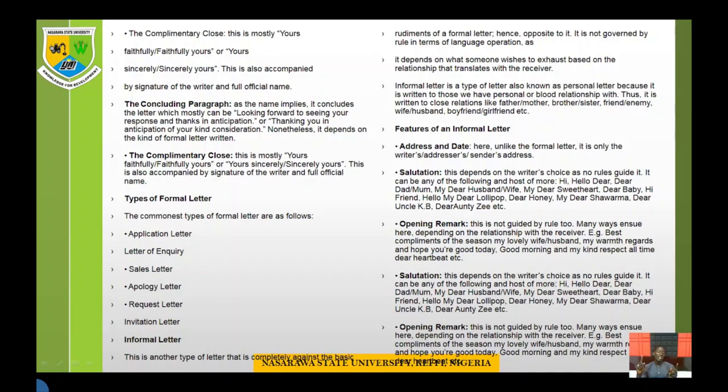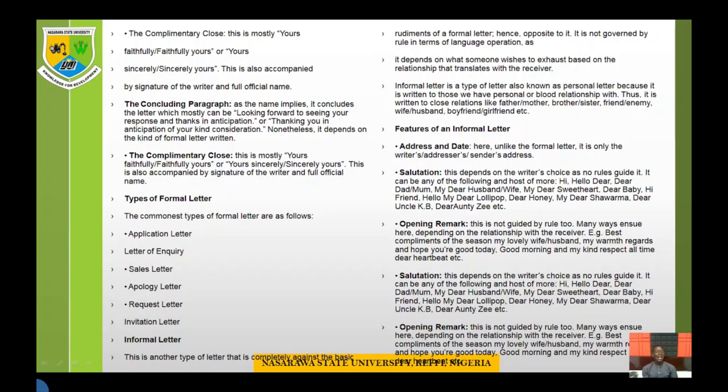Okay, for instance, if you are writing a letter of complaint, you can stop here as your concluding paragraph. But if you are writing application letter for employment, for instance, you do not stop here. You now conclude by saying, find attached my curriculum vitae and photocopies of my credentials for your consideration.